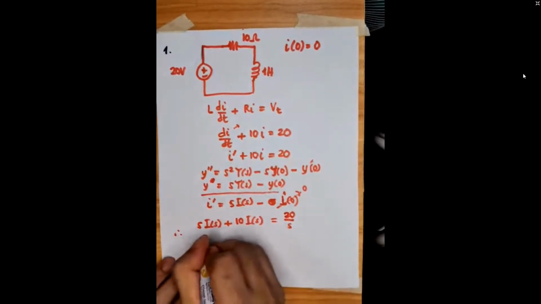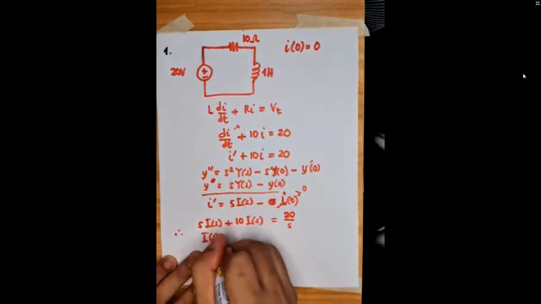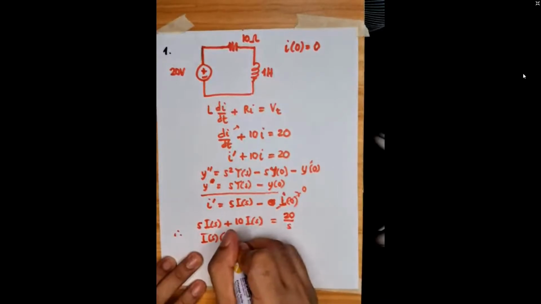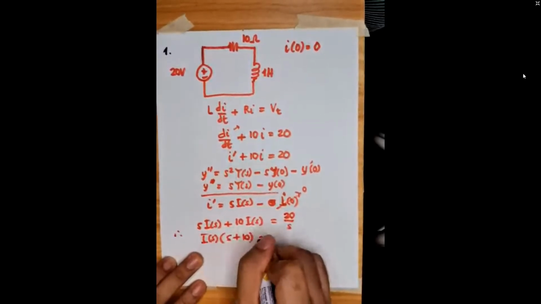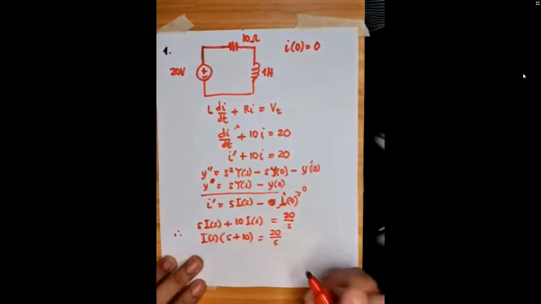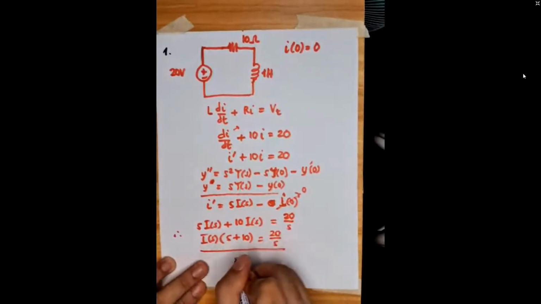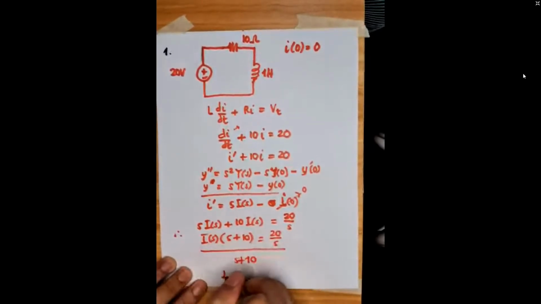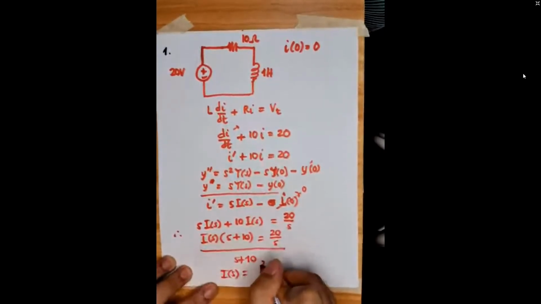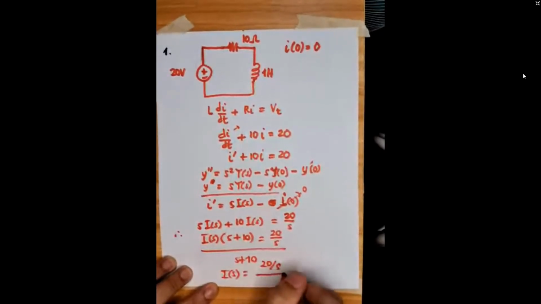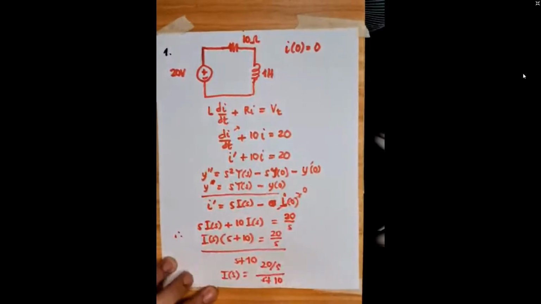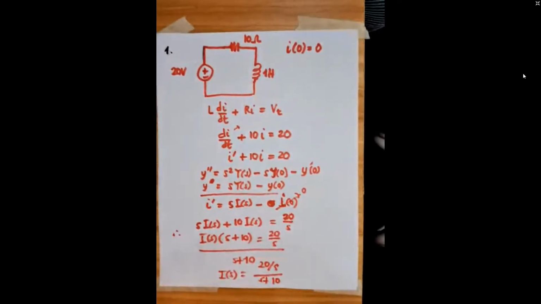Then we factor out I of s times quantity s plus 10 is equal to 20 over s. Then divide the whole equation by s plus 10. So I of s is equal to 20 over s all over s plus 10.